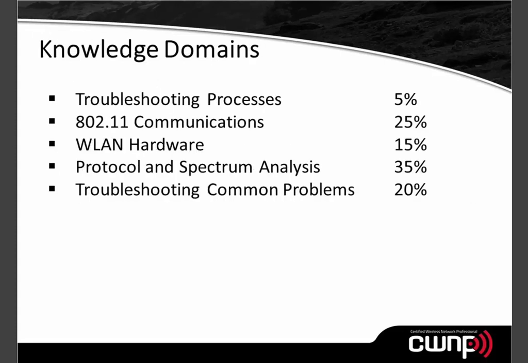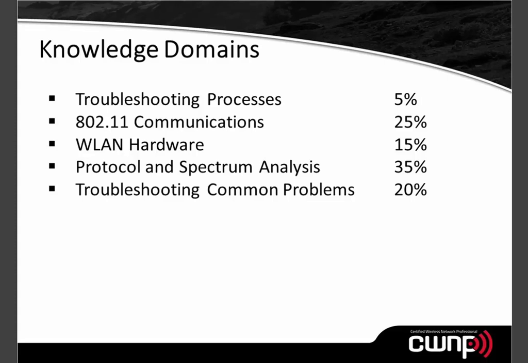Now, the CWAP exam is divided into 5 different knowledge domains. These knowledge domains include troubleshooting processes, 802.11 communications, wireless LAN hardware, protocol and spectrum analysis, and troubleshooting common problems. Now, it's important to keep in mind that these are the knowledge domains for the Certified Wireless Analysis Professional exam.